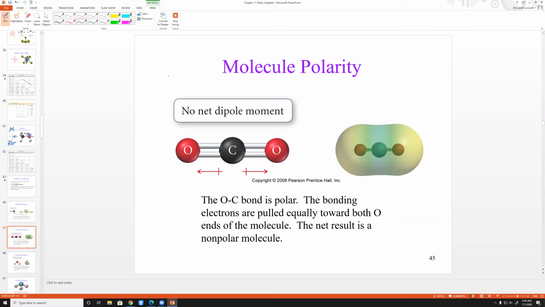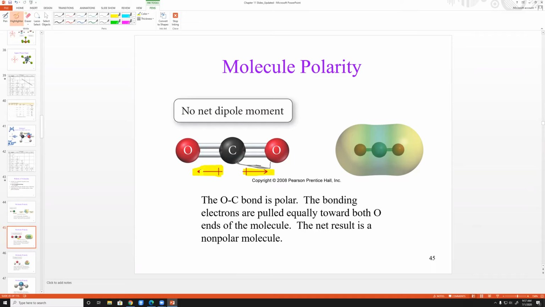Then you have molecules that have polar bonds but are not polar. CO2 is a perfect example of that. The carbon-oxygen bond is polar, so the dipole moment is going to pull more towards the oxygen, but you're going to have two of them.